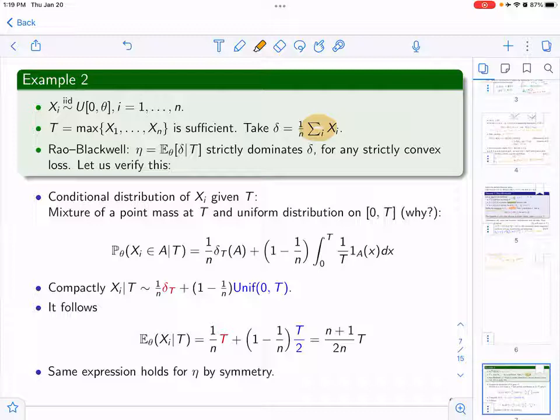But what I want to show you is that it's fine, and you can even improve this. You just pick any estimator. It doesn't have to be a good estimator. And then do the Rao-Blackwellization.